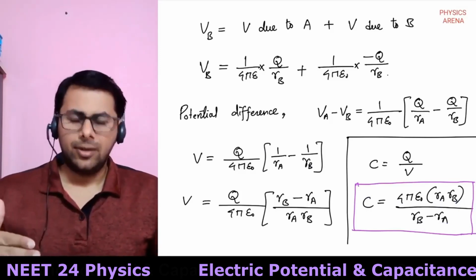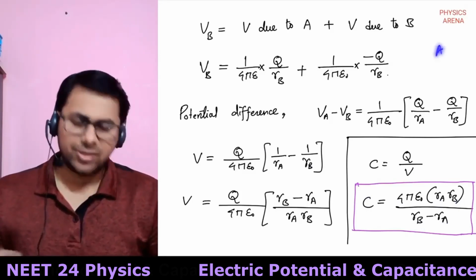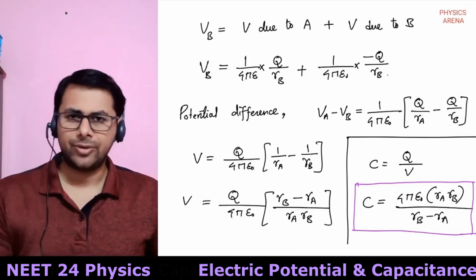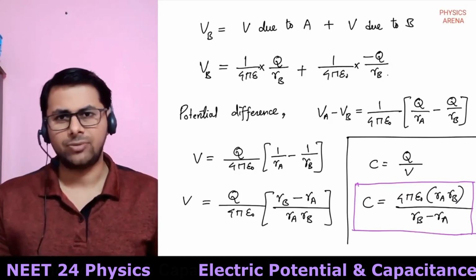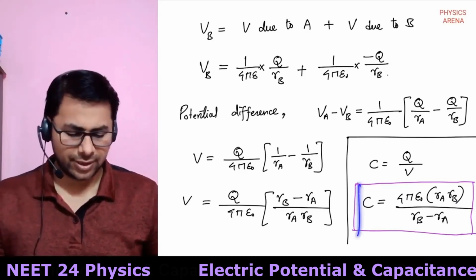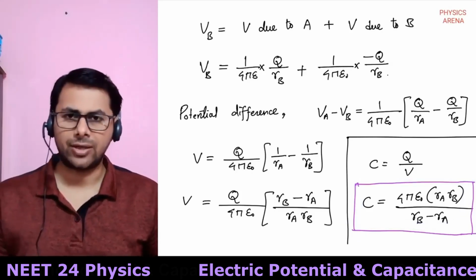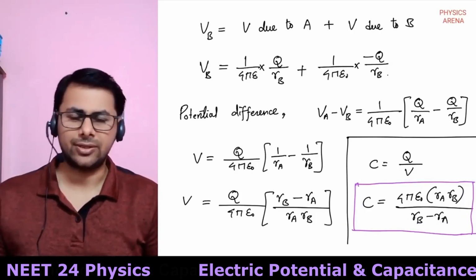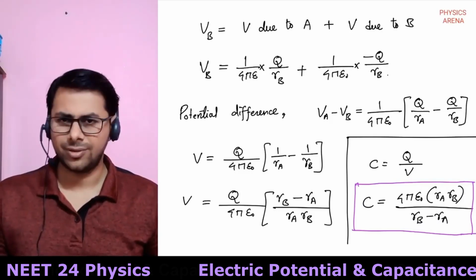Or if A and B seem difficult, C is equal to 4 pi epsilon naught R1 R2 upon (R2 minus R1). This is the formula. Is this thing clear? Yes, no?